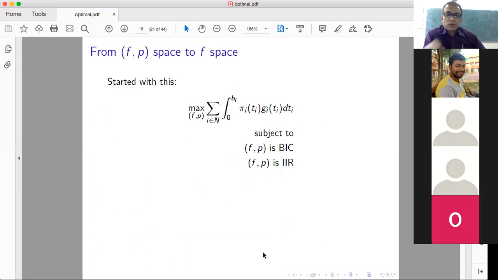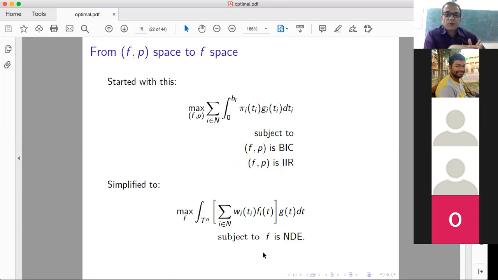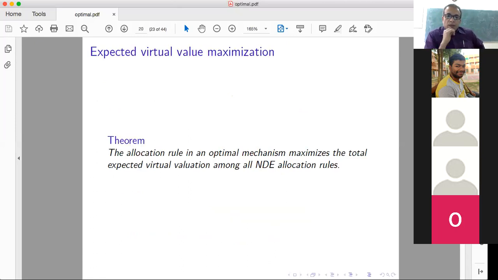Okay, so what happens is, basically the problem which involved F and P is now an optimization problem only in F. Okay, and the expected virtual valuation needs to be maximized subject to the constraint that F is non-decreasing in expectation. Okay, so that's what this theorem was about.